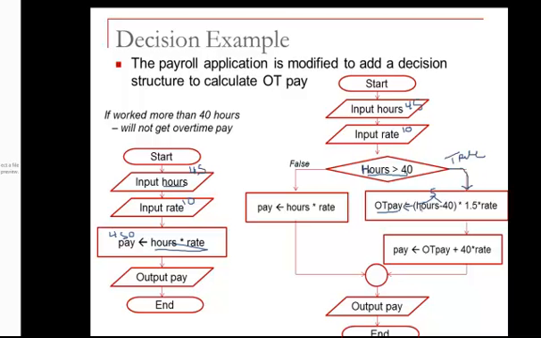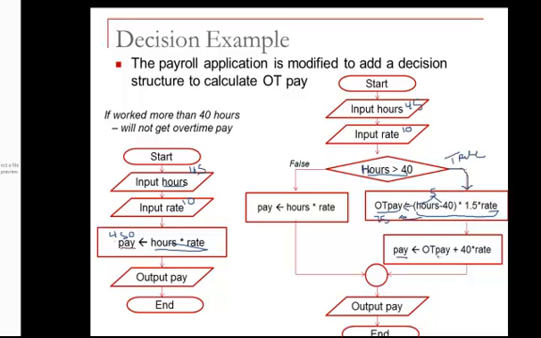So 5 times 1.5 times 10. Let's see, I think that's 15 times 5, which I believe is 75. So this is going to be 75. That's what that person's getting for working the 5 overtime hours. That's going to be stored in the variable OT pay.